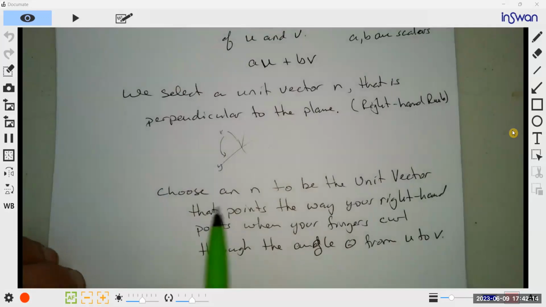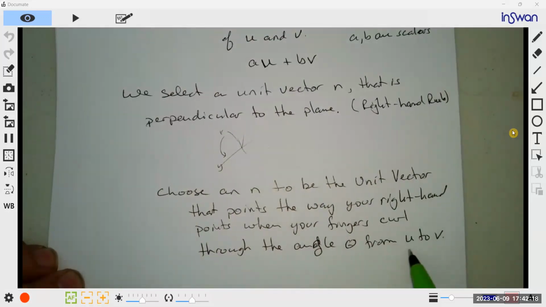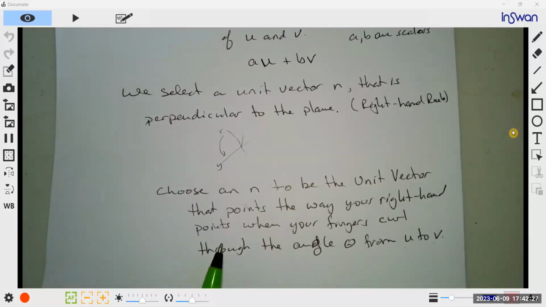Originally the rule of thumb was the x and y, but now we're looking at going from one vector to the other vector. Because when we look at one vector to the other vector, we know the normal vector will be going up from that point.